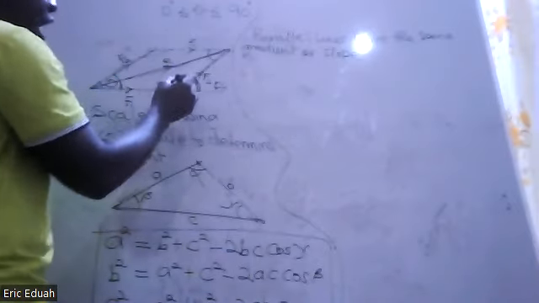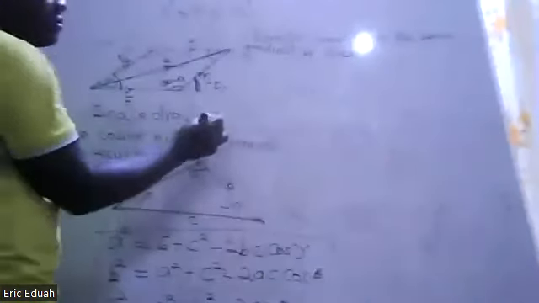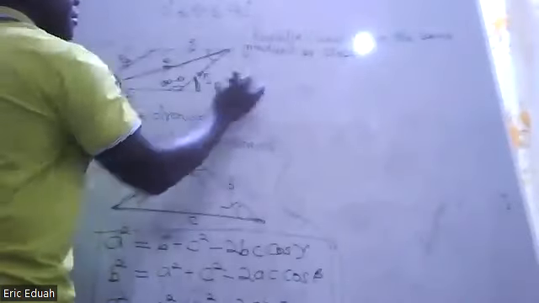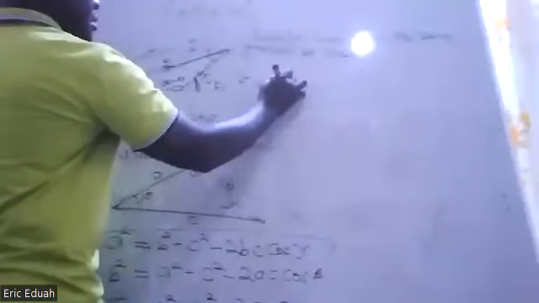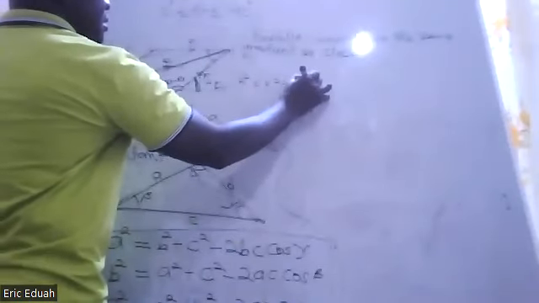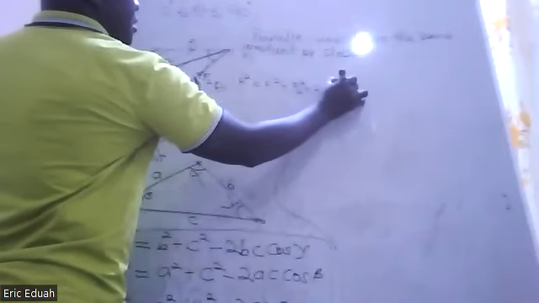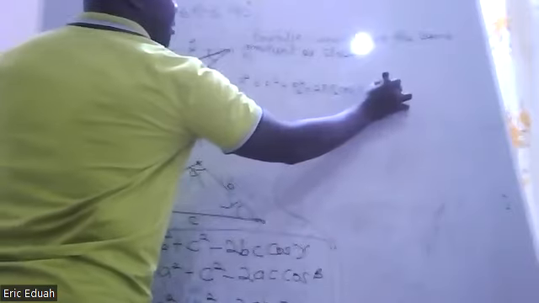Help me get an expression for R. R squared is equal to F1 squared plus F2 squared minus 2F1F2 cos of 180 minus theta. Good.